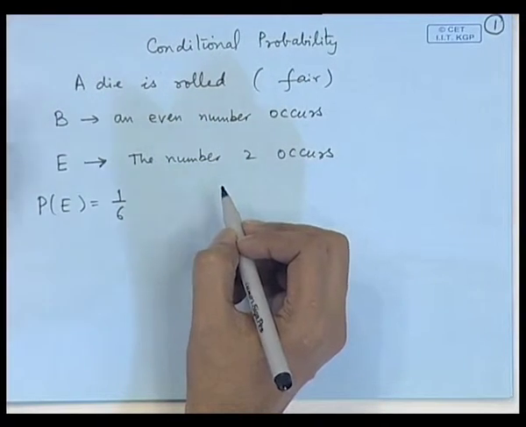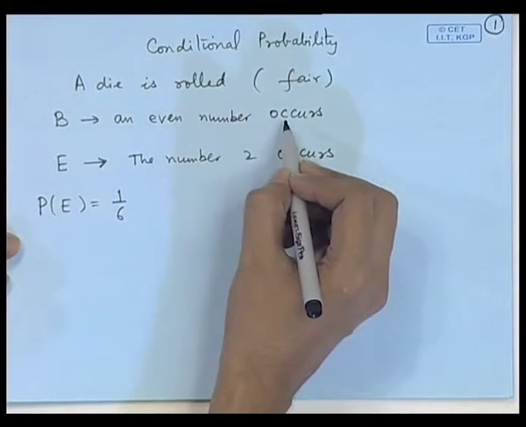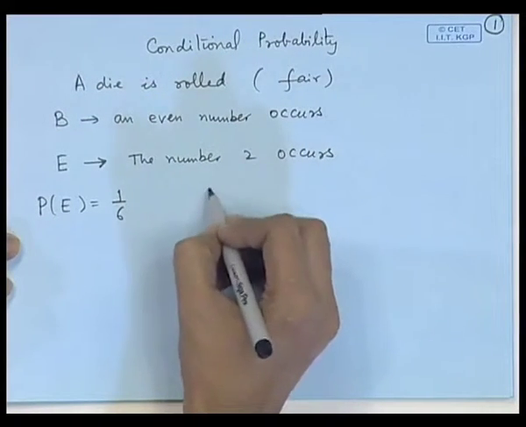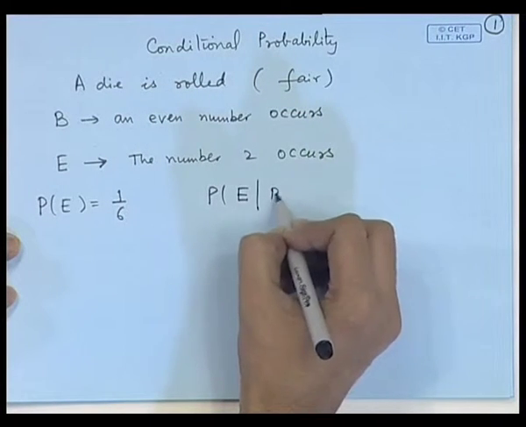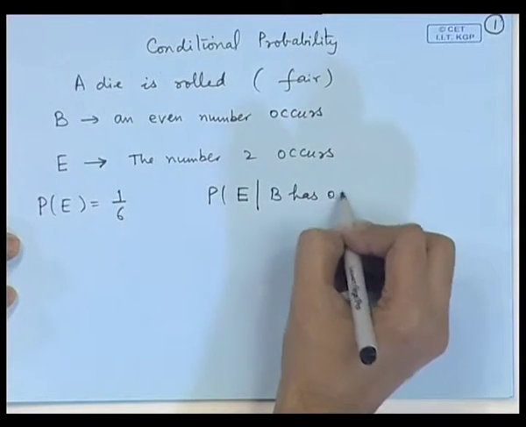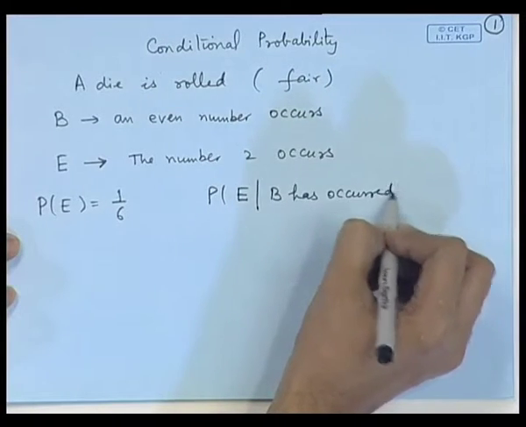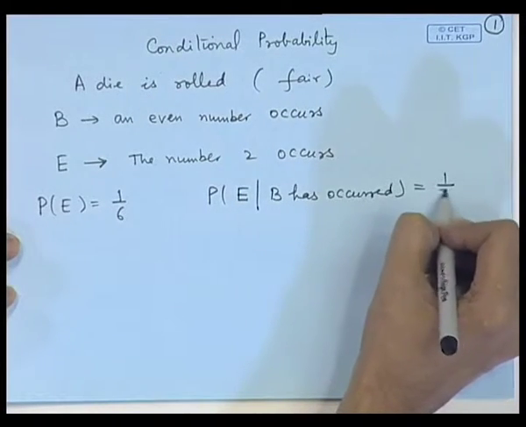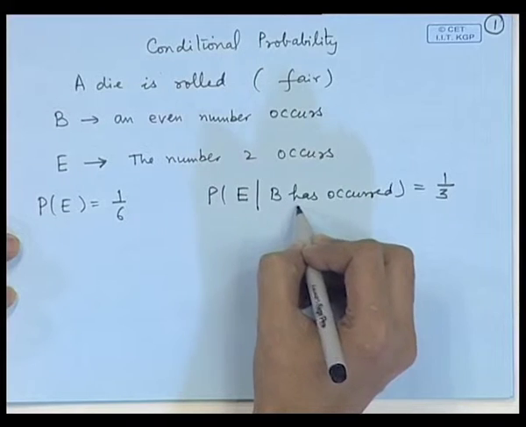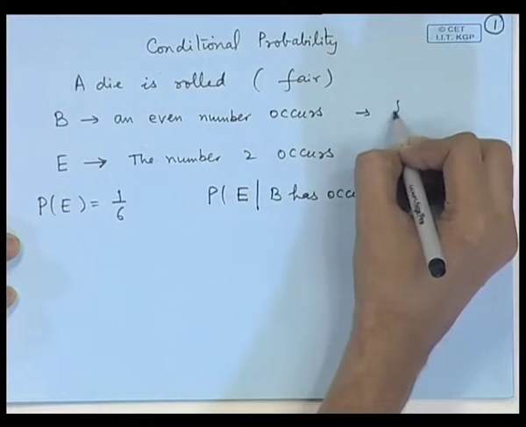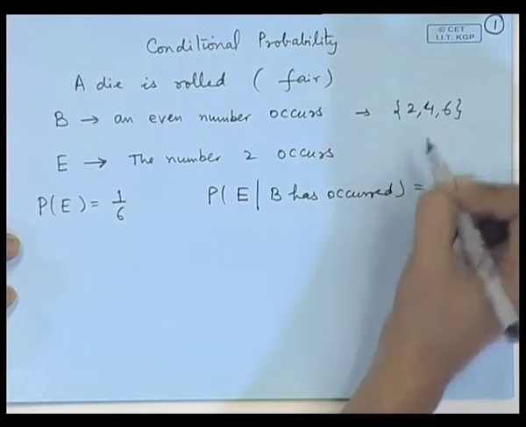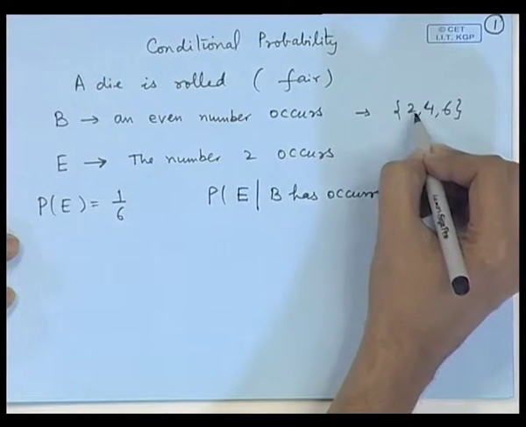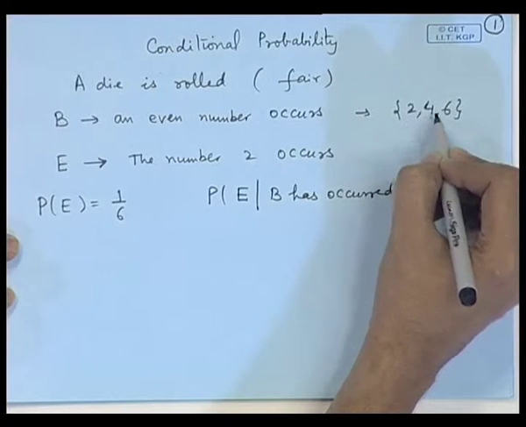However, if I know that an even number has occurred, then the probability of E given that B has occurred is 1 by 3, because B has elements 2, 4 and 6. That means my sample space has been restricted to these 3 elements.